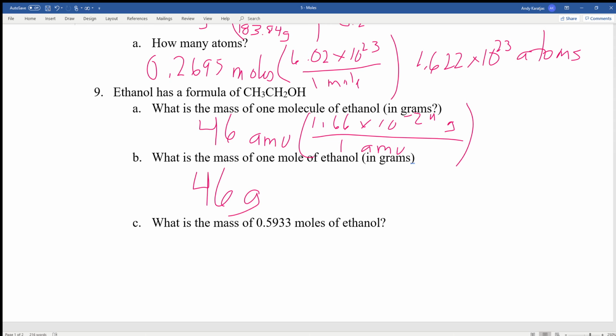And we can calculate that out. We get 7.6 times 10 to the minus 23rd grams.